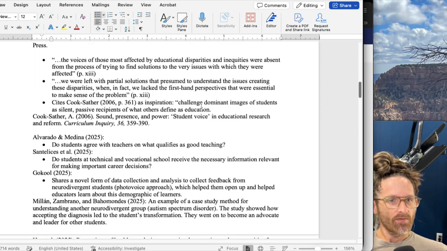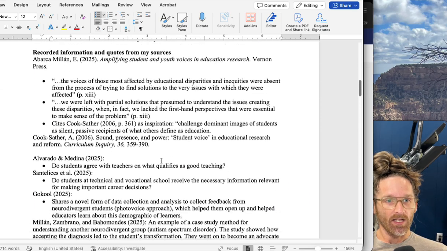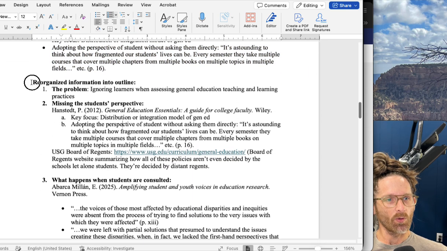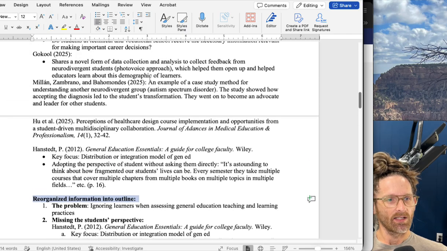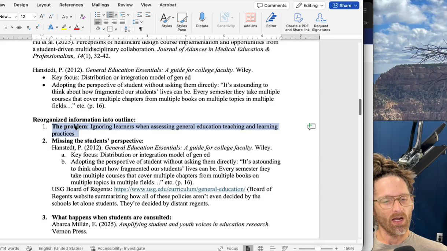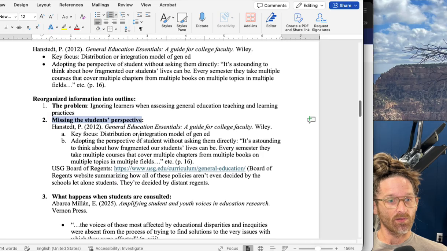Once I have the outline information, I build my review. So I've reorganized the information into an outline. It's just kind of all over the place up here. And so I have one paragraph or one section talking about the problem that I'm going to address. And then that problem is missing the student's perspective.